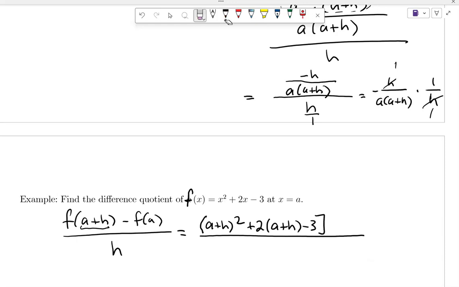Take out the x and put in a plus h. I do the same thing for the next one, but I'm just putting an a in, so we'll have a squared plus 2a minus 3. Basically, x is like a hole to fill. I'm filling it with a plus h in the first case, and with a in the second case.